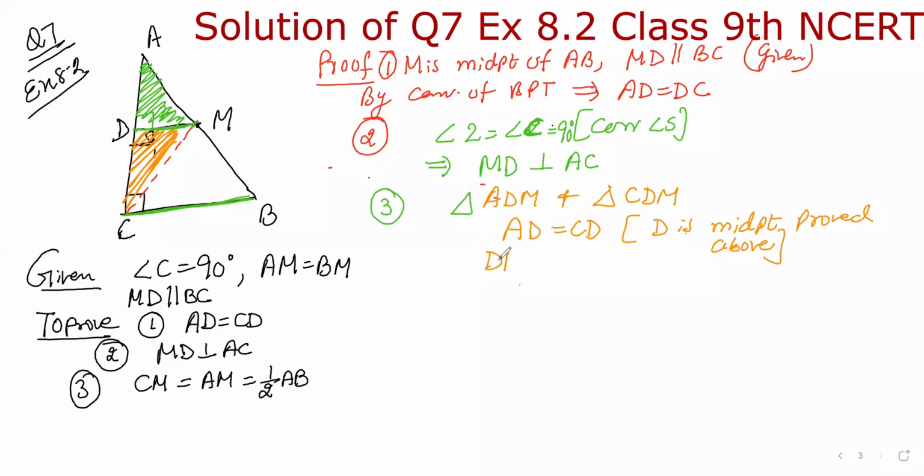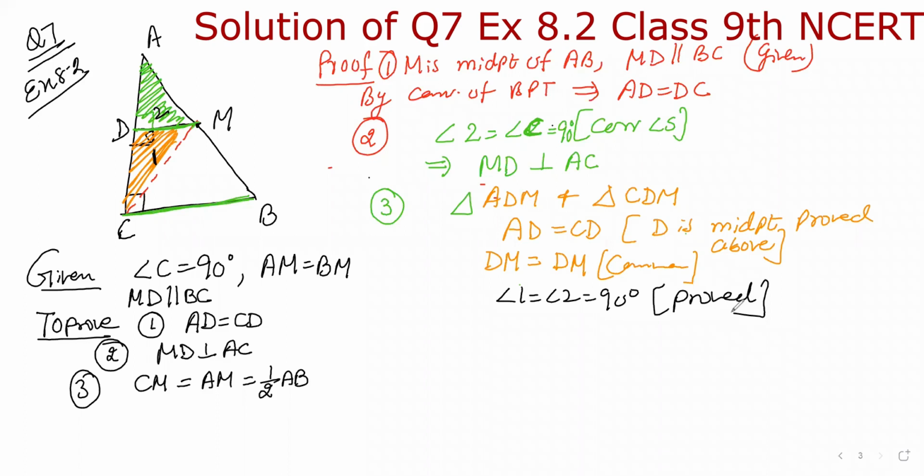Also, DM is equal to DM. This is common. And also, angle 1 is equal to angle 2 is equal to 90 degrees. This is also proved, right? So this side, this angle, and this side, these triangles are congruent by which property? Side angle side.